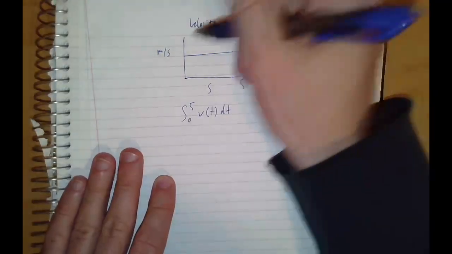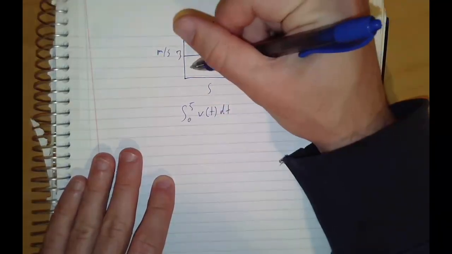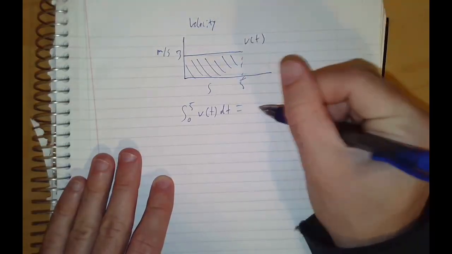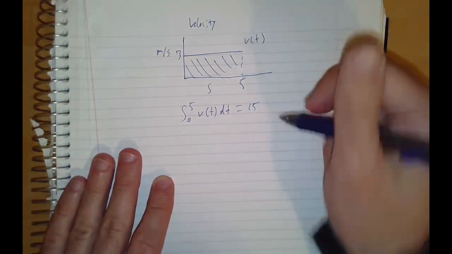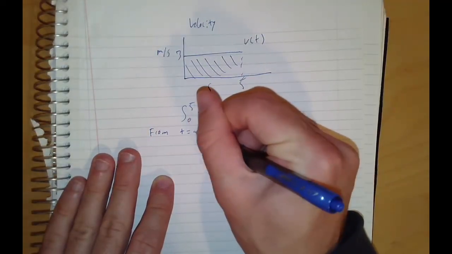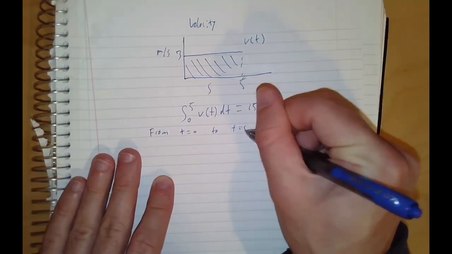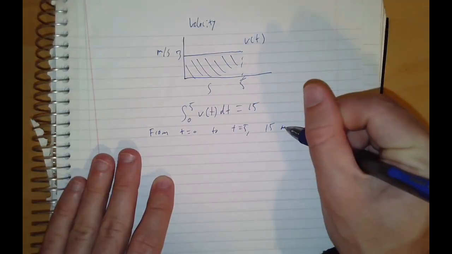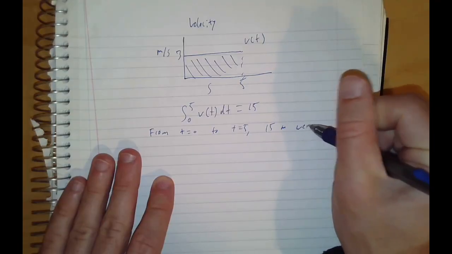All we'd have to do there is multiply 5 by 3 and find the area underneath this, and that would give us 15, and this would tell us from t equals 0 to t equals 5, 15 meters were traveled.